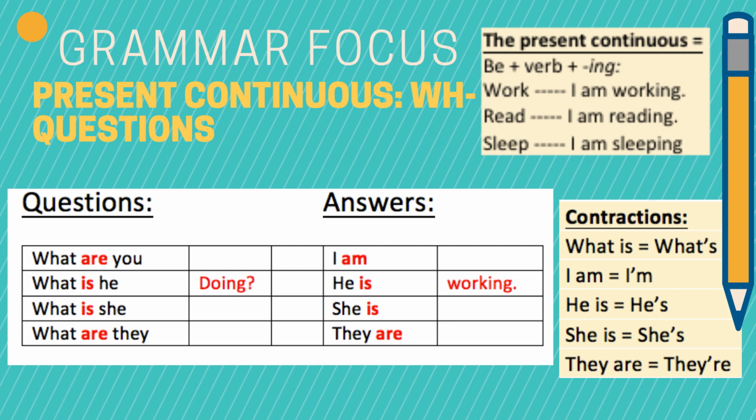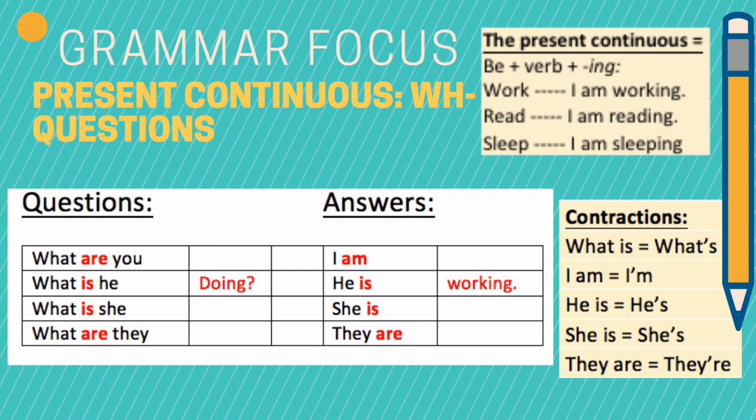Before we go into the chart, I also want to talk to you about contractions. Contractions are when you take 2 small words and make them into one word by using an apostrophe. For example, what is becomes what's.